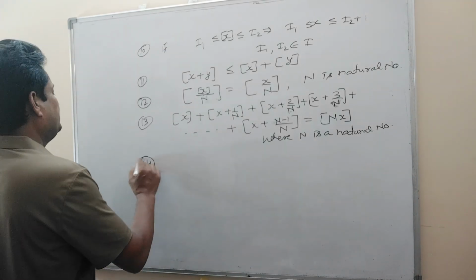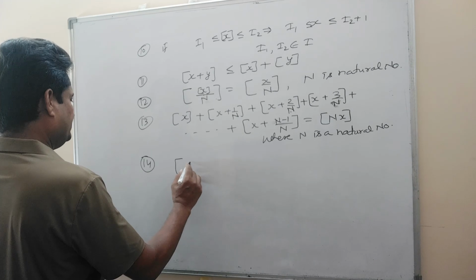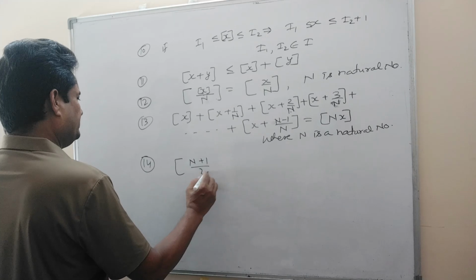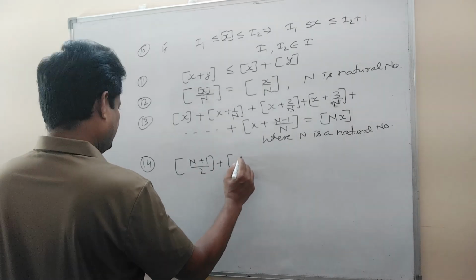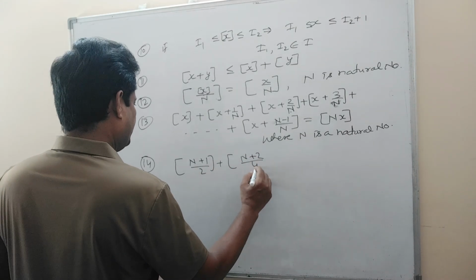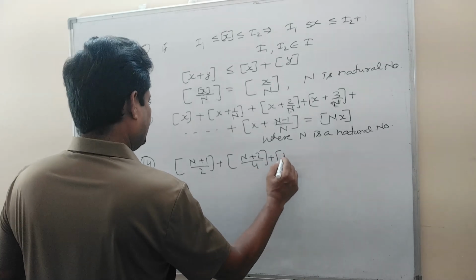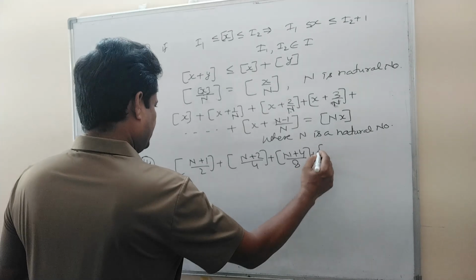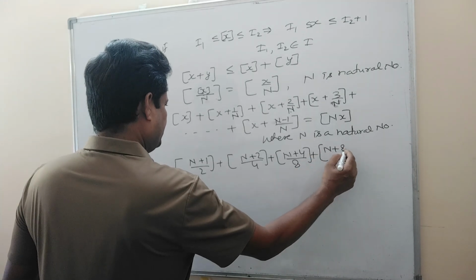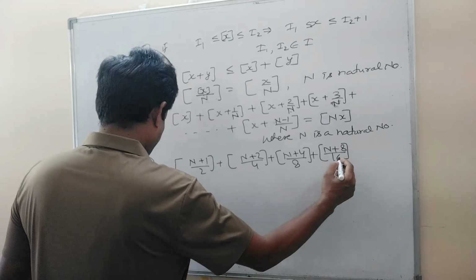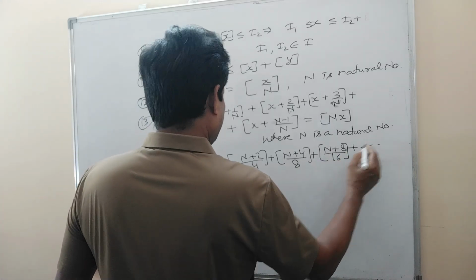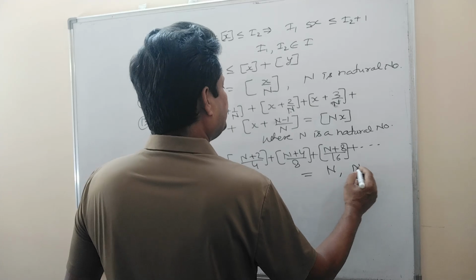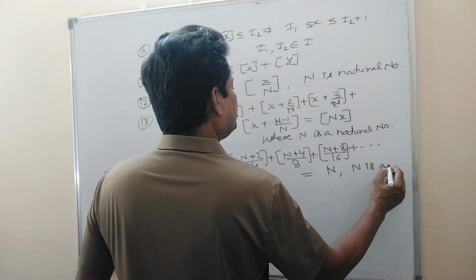Next property is what? Greatest integer of n plus 1 by 2 plus greatest integer of n plus 2 by 4 plus greatest integer of n plus 4 by 8 plus greatest integer of n plus 8 by 16 plus and so on is equal to n, where n is a natural number.